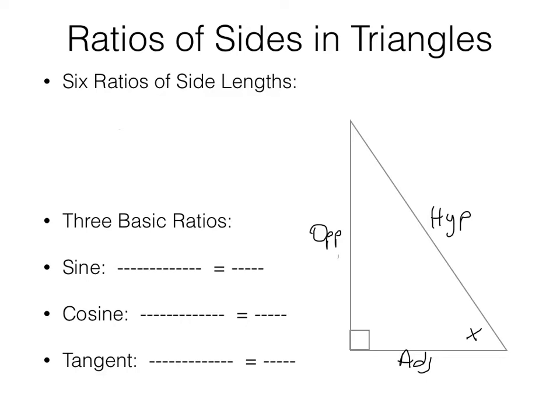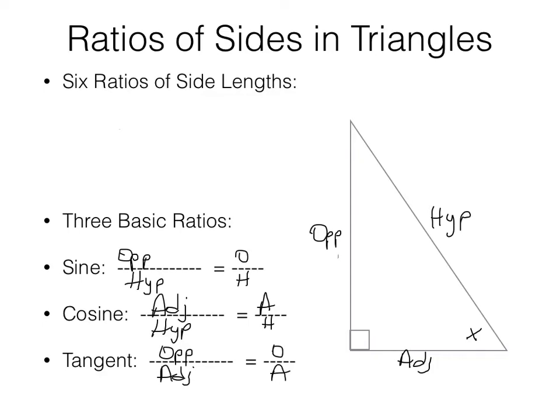So sine we're going to define as opposite over hypotenuse. Okay, so O over H for short. Cosine is going to be the adjacent side length divided by the hypotenuse side length, so A over H. And tangent is going to be opposite side length over adjacent side length, so O over A.